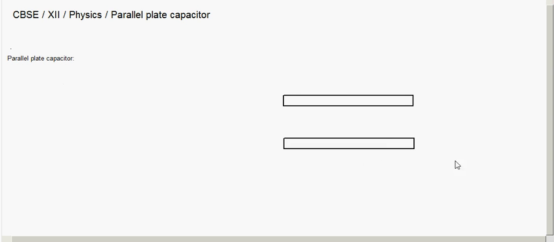Let one plate be positively charged and the other one negatively charged. Let A be the area of the plate and d the separation between the plates. The charge on the positive plate is plus Q and on the negative plate is minus Q.